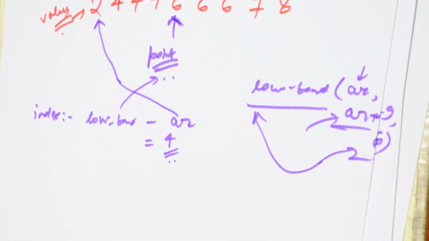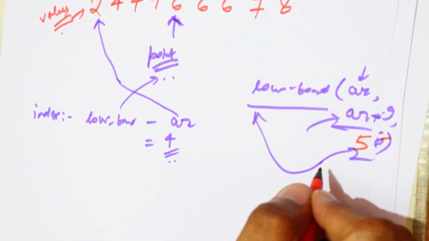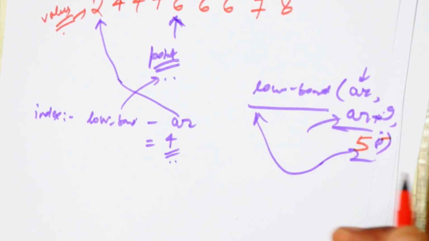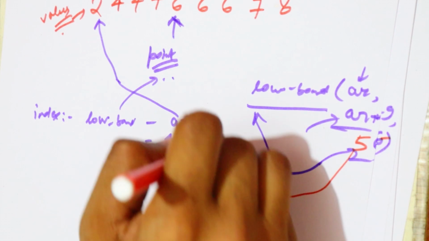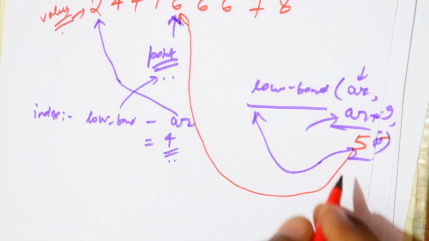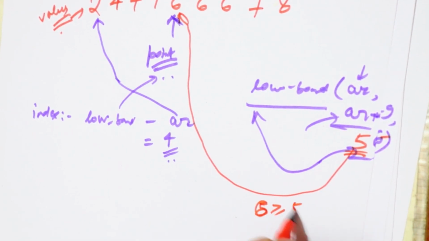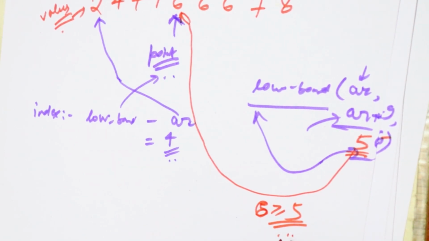Suppose I had the value 5, then you will say, okay Aryan, what will it search if I am having 5? Yes, it will point to 6, because we need an element which is equal to or bigger than the required element.